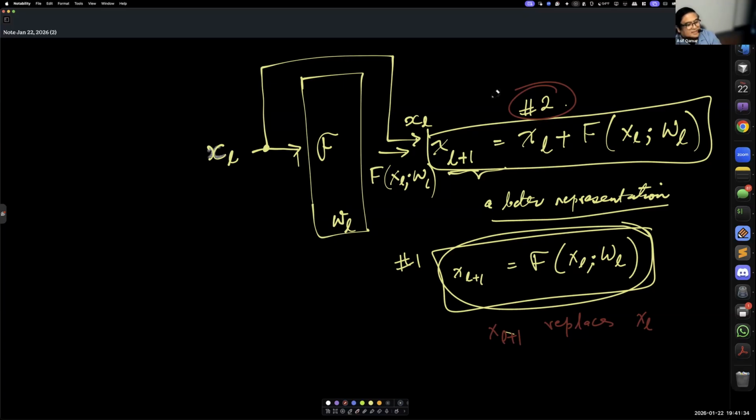The reason residual connections, in hindsight, everyone realized that, great ideas when they come, everybody hits their head and says, why didn't we think of this before? Right? And I'll give you an analogy. Let us say that you have a 100-layer deep neural network.